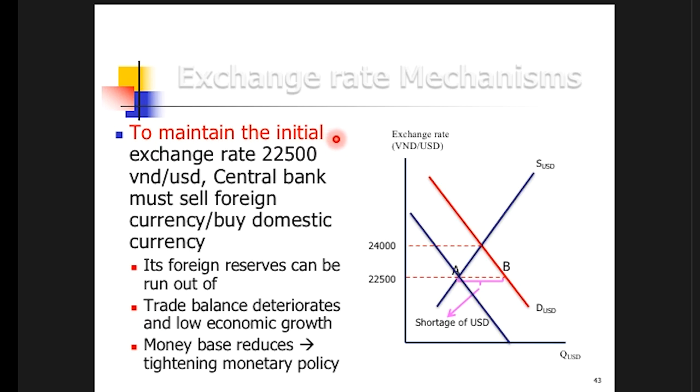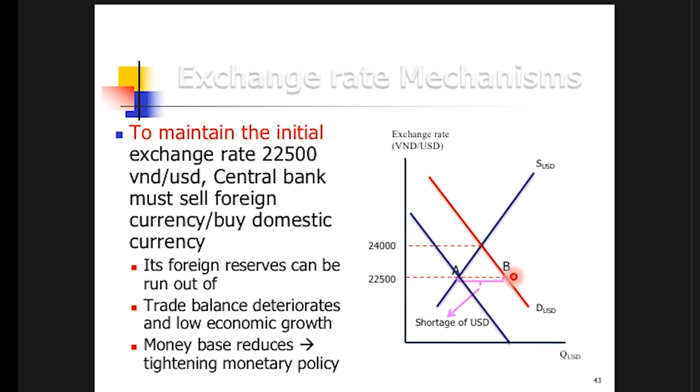In order to maintain the initial exchange rate of 22,500, the central bank must sell foreign currency to fill this distance, because this distance shows the shortage of US dollar in the market.